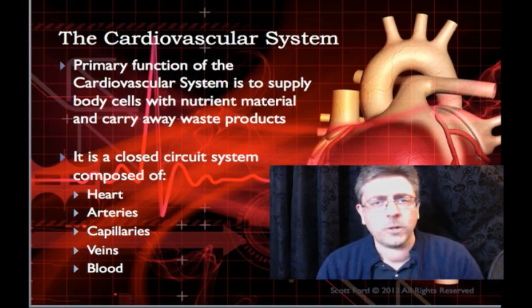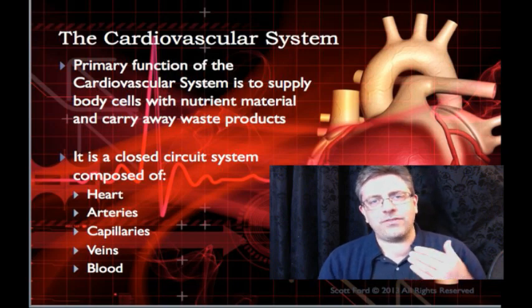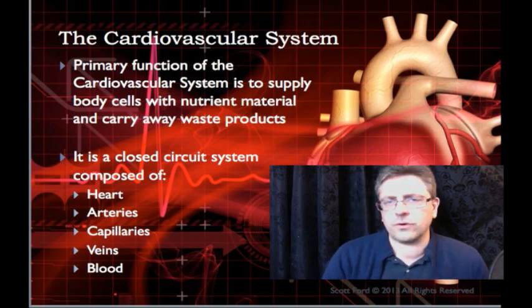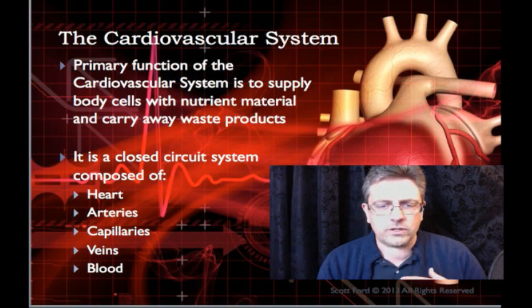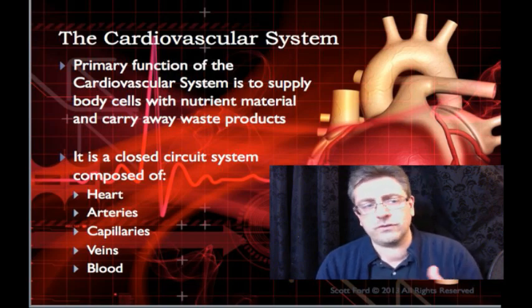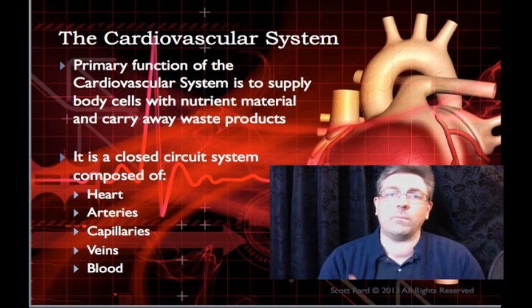The primary purpose of the cardiovascular system is to get the nutrients to the cells. It's also going to be there for the gas exchange. It's going to be there in order to get the oxygen to the cells, which is needed for the whole cell metabolism, as well as remove the waste products that the cells are creating from cell metabolism.